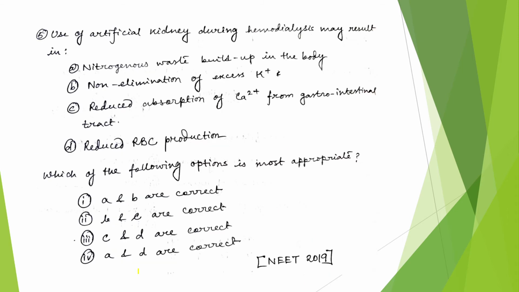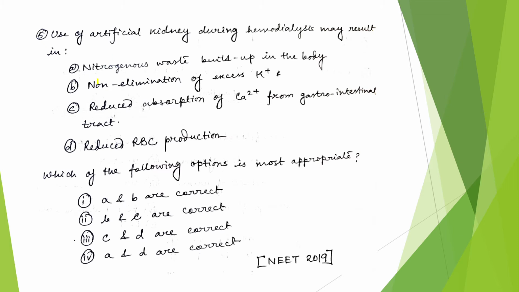Now coming to the fifth question. Use of an artificial kidney during hemodialysis may result in nitrogenous waste buildup in the body. Obviously, it is incorrect, because our kidney cannot excrete the nitrogenous waste from our body autonomously, that is why we need a hemodialyzer to excrete out the nitrogenous waste.